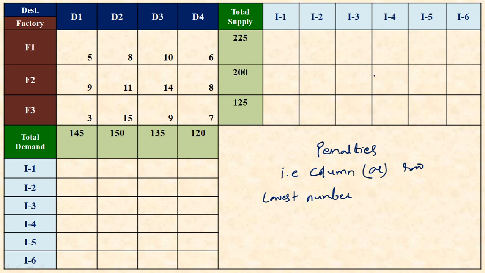For this problem, 6 iterations are required. But from a student's point of view, first we draw one row or column at a time. If we are calculating iteration 1, first completely calculate iteration 1. After that only we can draw one more column or row, that is iteration 2.